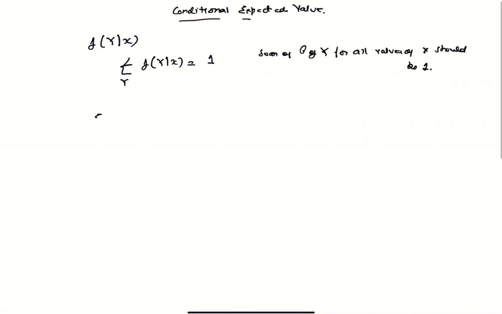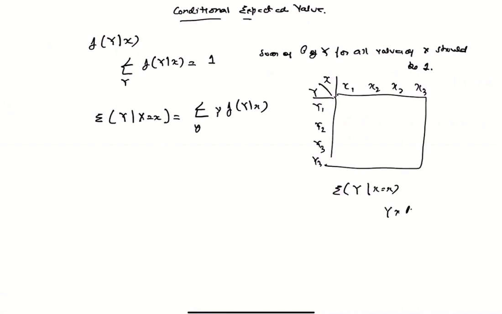So expected value of y given x is equal to x is equal to the sum of y times f y given x. And why is that?